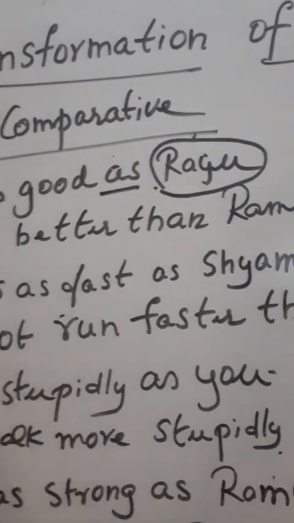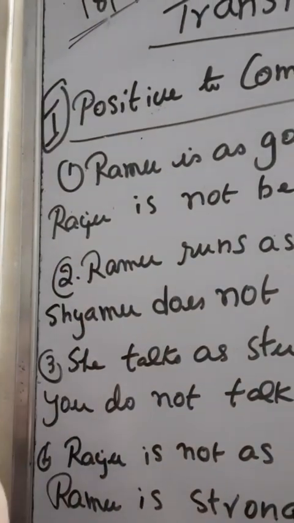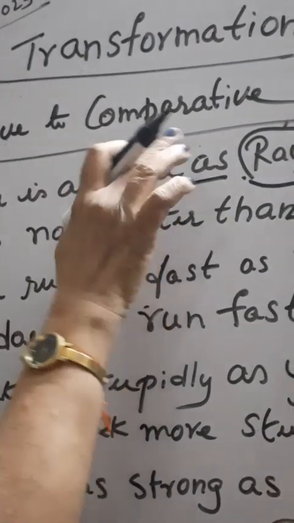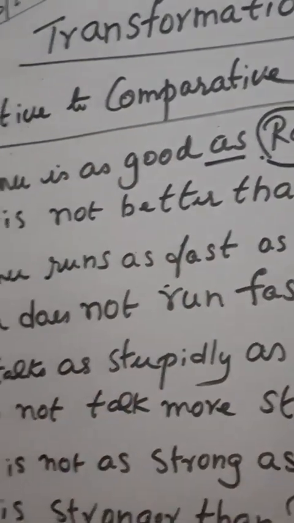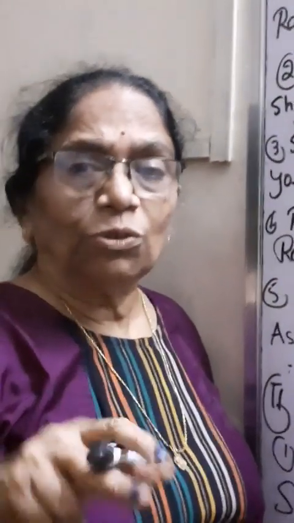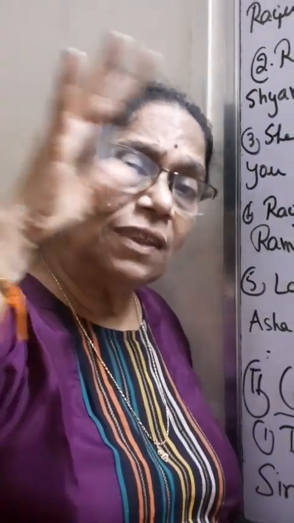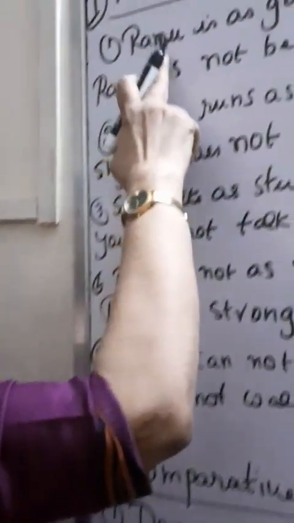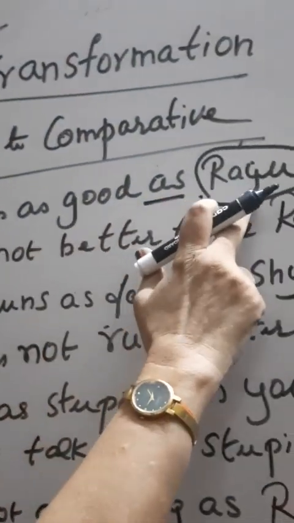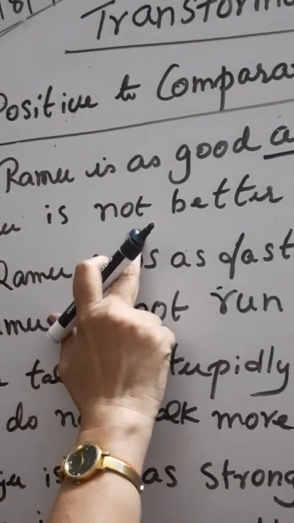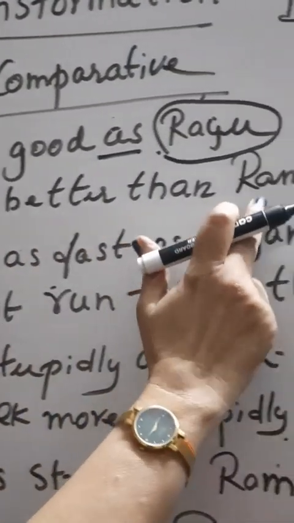Then you have to write it in the beginning. And first you have to see whether the sentence is affirmative or negative. If it is affirmative, you have to change it into negative, and if it is negative, you have to change it into affirmative. Ramu is as good as Raju. Raju is not better than Ramu.